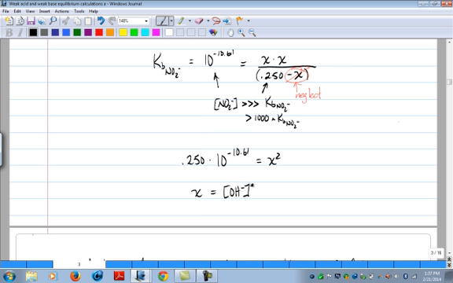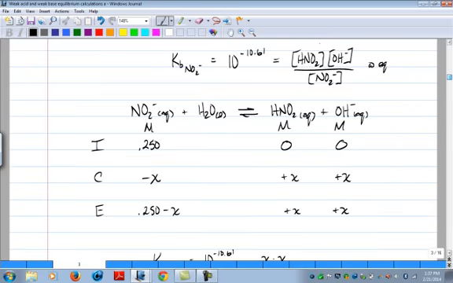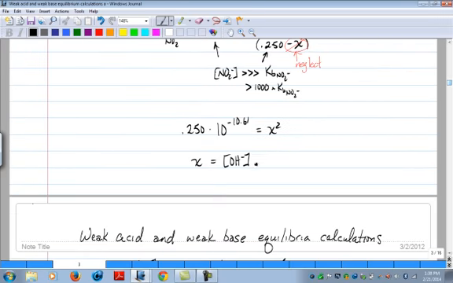At equilibrium, it's also the concentration of nitrous acid, but we're focusing on the hydroxide here. It is the square root of, I'll write 0.250 as 2.50 times 10 to the minus 1, times 10 to the negative 10.61.